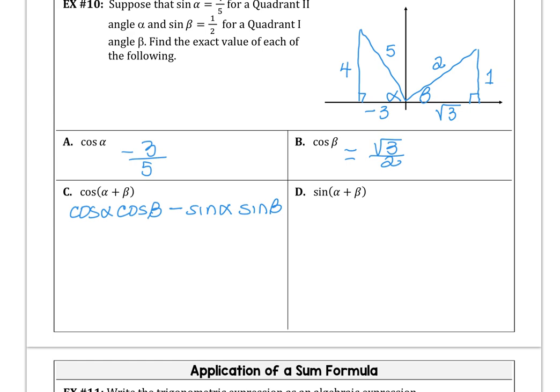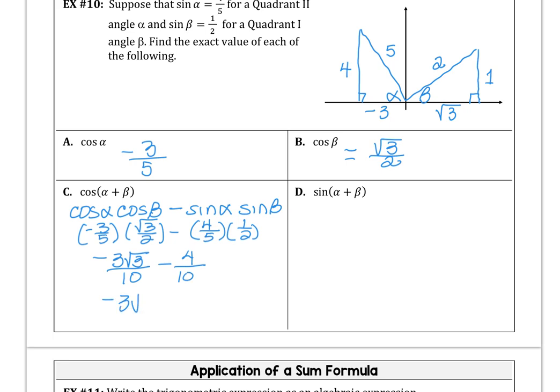So cosine of alpha, -3/5, cosine of beta, radical 3 over 2, sine of alpha, 4/5, sine of beta, 1/2. We have -3 square roots of 3 over 10 minus 4 over 10, and putting that together, -3 square roots of 3 minus 4 divided by 10.